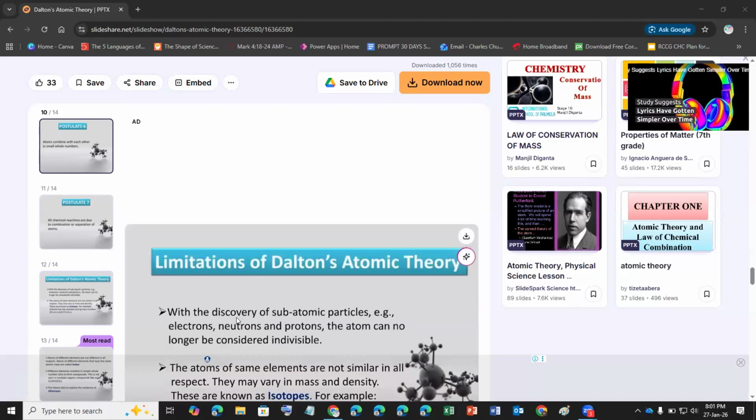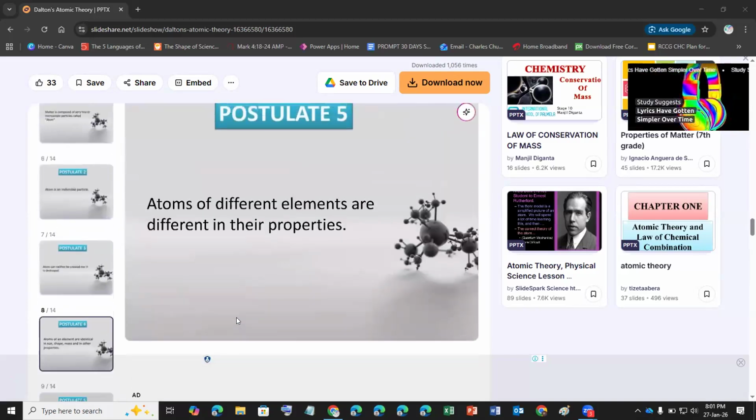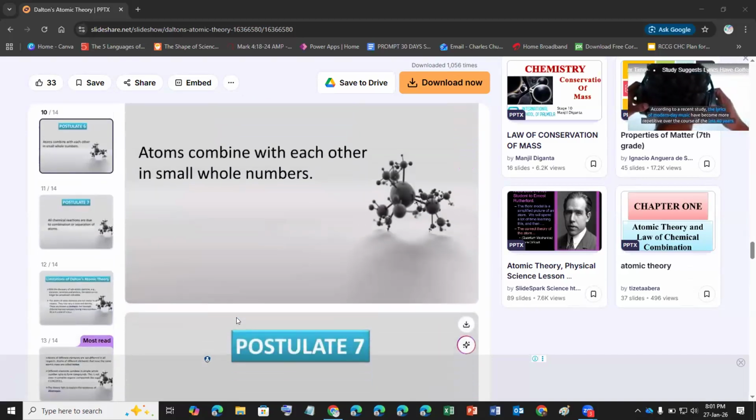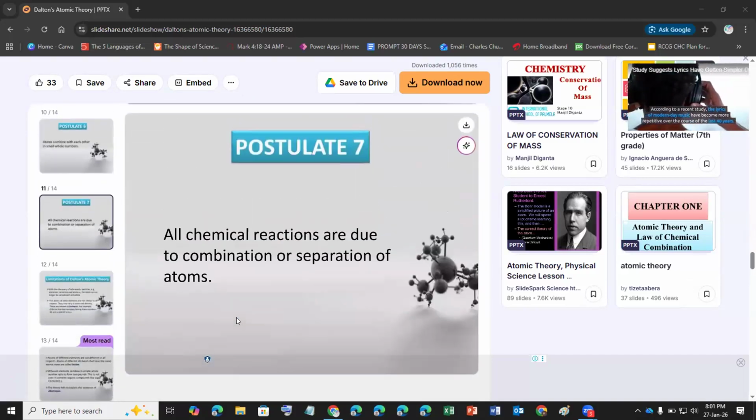Sorry, let me take it easy. Combine with each other in small whole numbers. The next one says all chemical reactions are due to a combination or separation of atoms. I think the explanation I just gave you for that last one also somehow agrees with this.